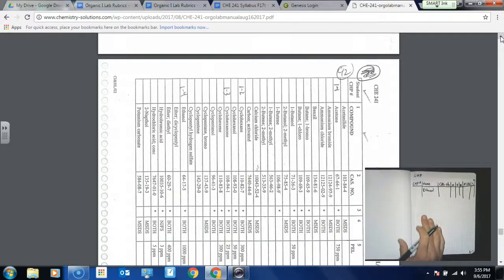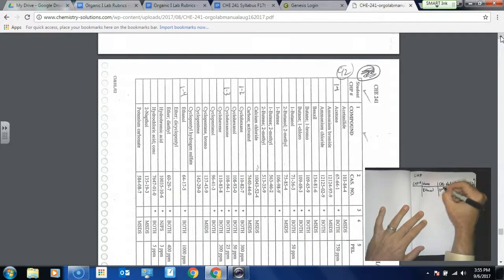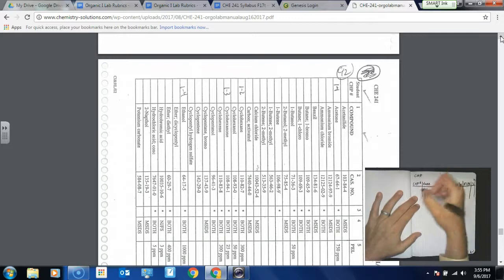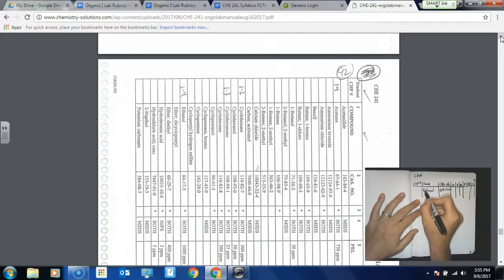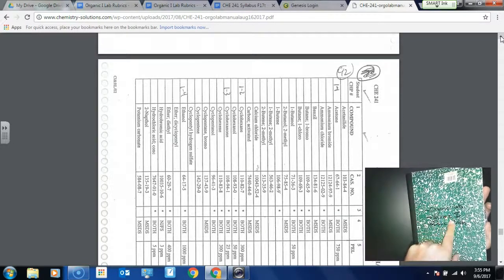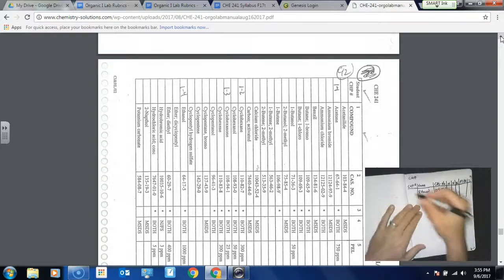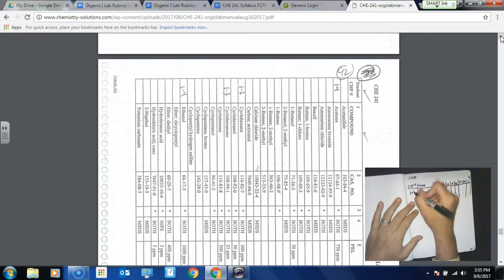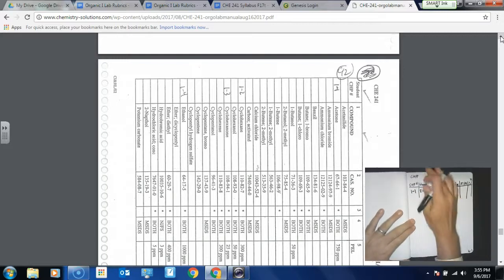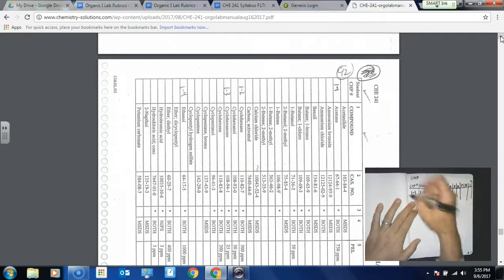Okay, so ethanol, CAS number 64-17-5, and I'm going to give this a CHP number, and this is a number that you will make up, but since it's the first chemical in my volume 1, my first volume, I'm going to call this 1-1, okay? Or the first chemical, if you're using by lab, it's lab 1, chemical number 1, okay?